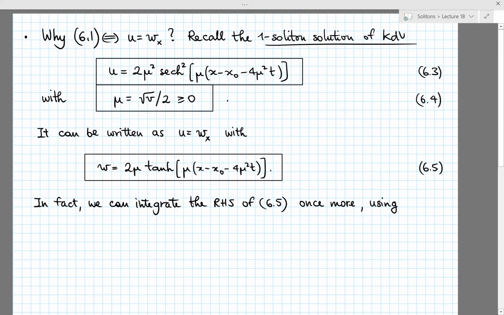Using the fact that the hyperbolic tangent of y is equal to the derivative with respect to y of the logarithm of the hyperbolic cosine of y. So when we differentiate the log of cosh y, we get 1 over cosh y times the derivative of cosh y, which is sinh y, and that reproduces the hyperbolic tangent of y.